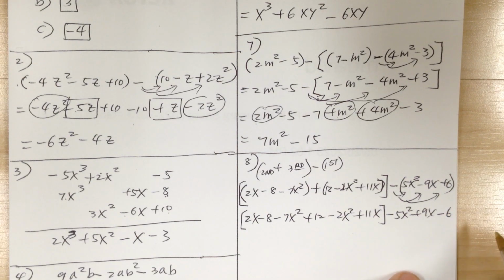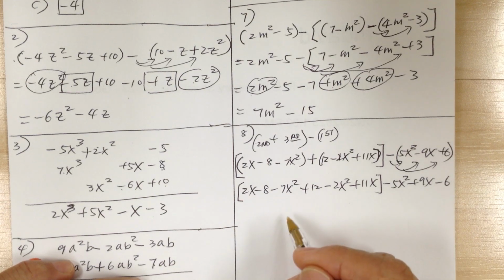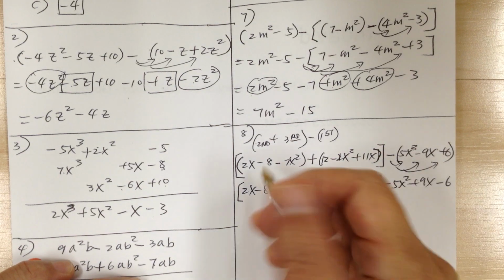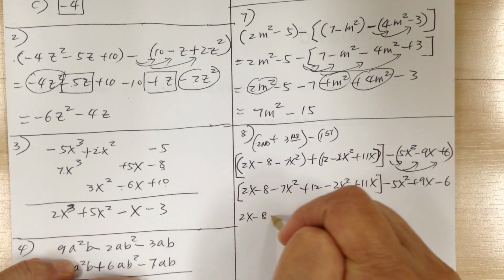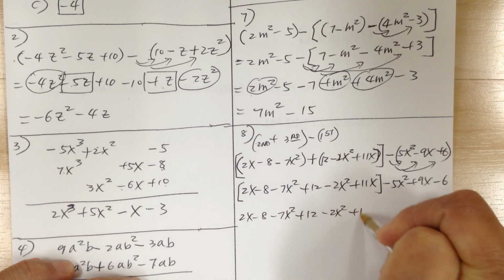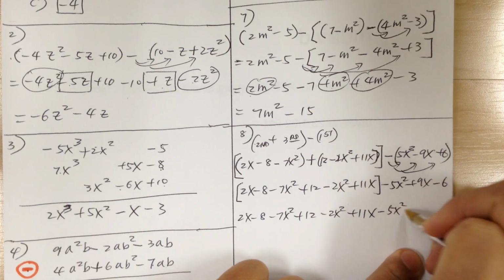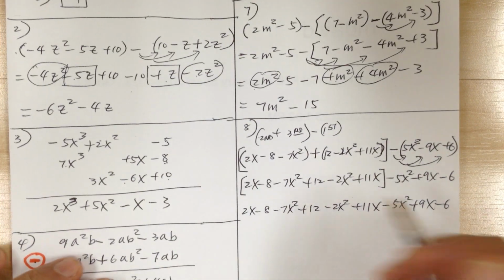Okay, then after that, let's get rid of the bracket. Since there's nothing in front, let's just get rid of the bracket. So you got 2x minus 8 minus 7x squared plus 12 minus 2x squared plus 11x minus 5x squared plus 9x minus 6. Okay, so now let's go and combine the like terms.